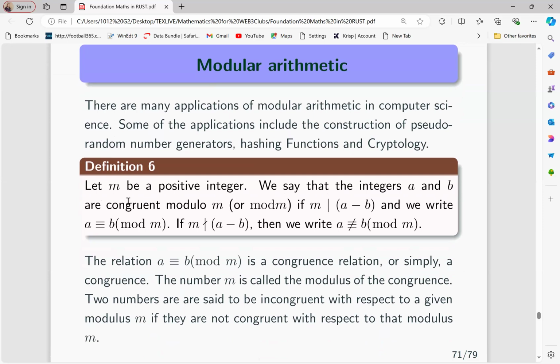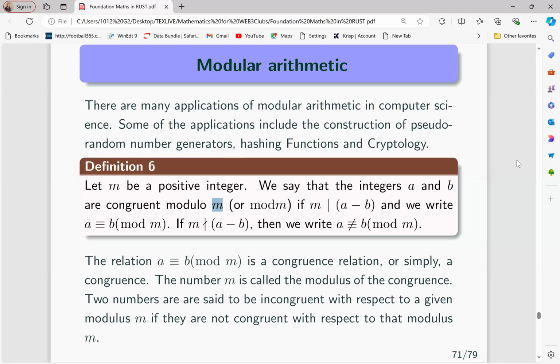I begin with this definition: let m be a positive integer. When do we say that two numbers a and b are congruent mod m? When do we say that a is congruent to b, or b is congruent to a, mod m?